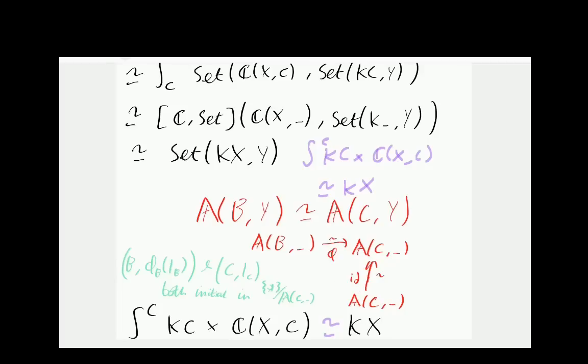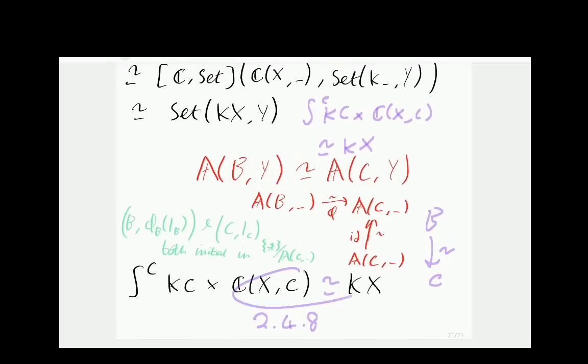But also, this is another representation of this functor, and the element corresponding to this, which is going to be the identity arrow of c, is also going to be another initial object in this category of elements. This is something I covered in my video on representable functors. It's also proposition 2.4.8 in Emily Riehl's book, Category Theory in Context. And so these are both initial objects, so they're going to be isomorphic. So that proves that B is going to be isomorphic to C.